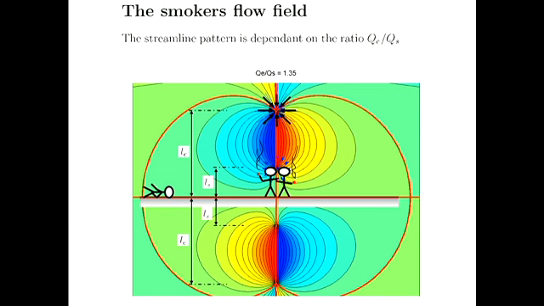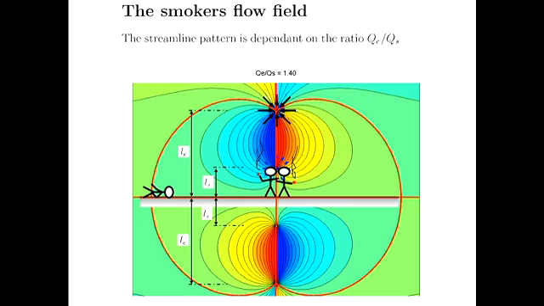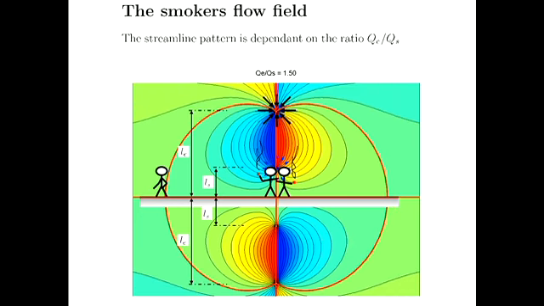And you'll see that as I increase the strength of the extraction fan, I can move that line of separatrix inwards, so I can contain that smoke within some finite area, which we can then keep the non-smokers out of, okay?